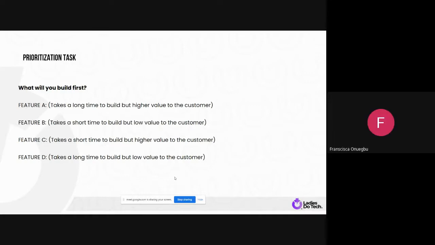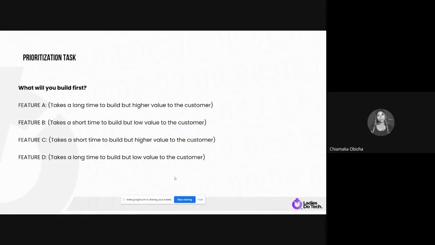Feature C. So give me your sequence and tell me why you're building feature C first. I know that feature C would have to go first, right?